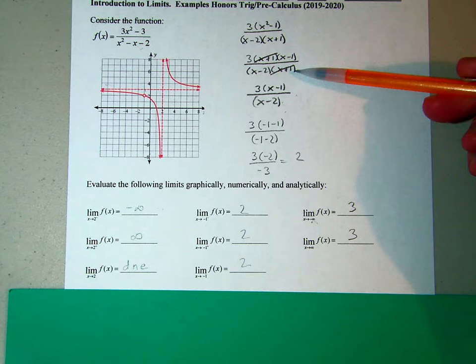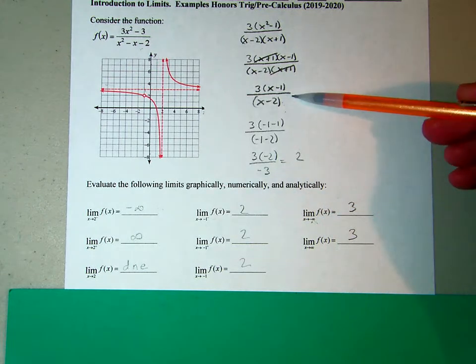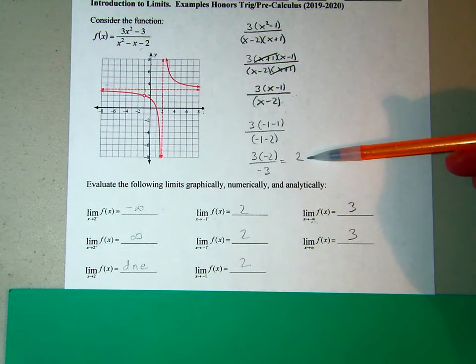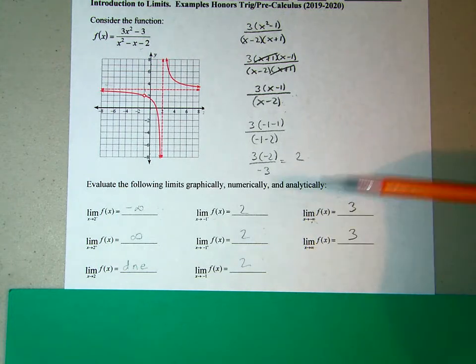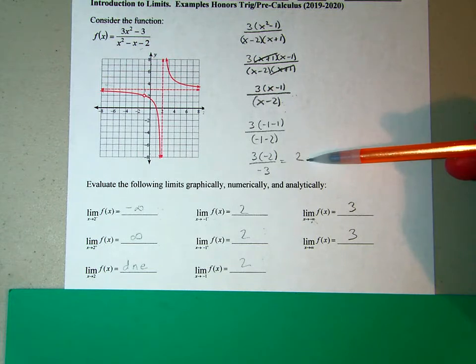So if we plug x equals -1 into the simplified version, that gives us the y coordinate of the hole, which answers those. This set of questions, we originally found graphically by looking at where that hole is located, and then we could find it analytically by doing the same thing we did a while ago, plugging it into the simplified version.